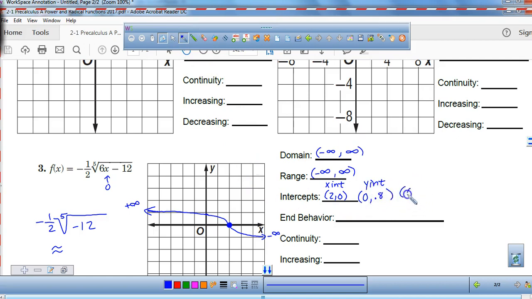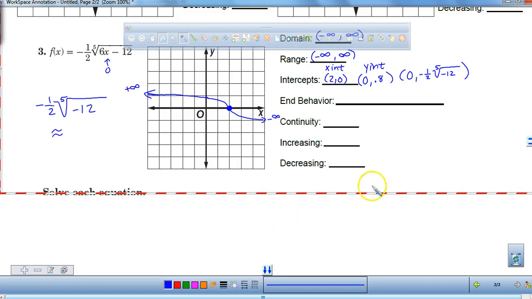But technically it's 0, comma, negative a half times the fifth root of negative 12. That's the exact y-intercept. This is your x value, there's your y value. Now, let's look at the end behavior here. What I'm going to do right here is make what's called the left end behavior.